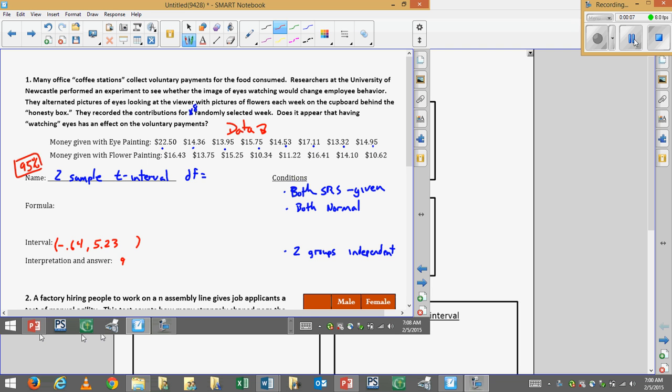So I'm 95% confident the true difference in voluntary amounts given for flowers versus eyes is in the interval negative 64 cents up to $5.23. Because 0 is in the interval, there appears to be no significant difference.